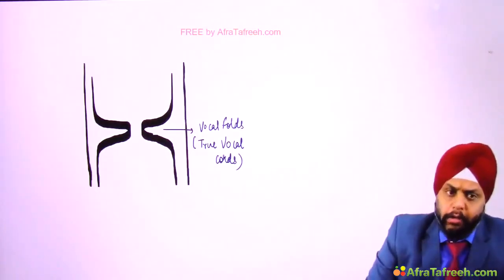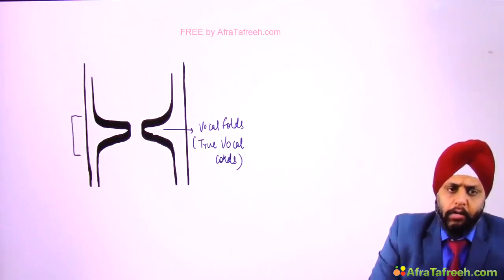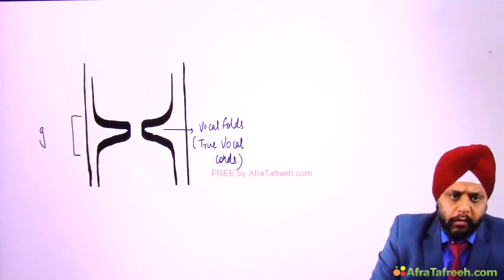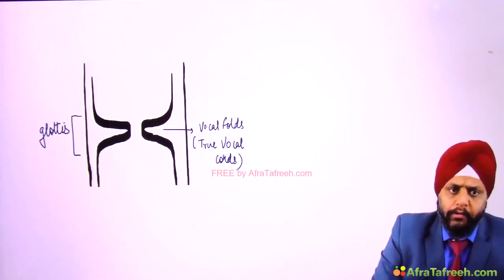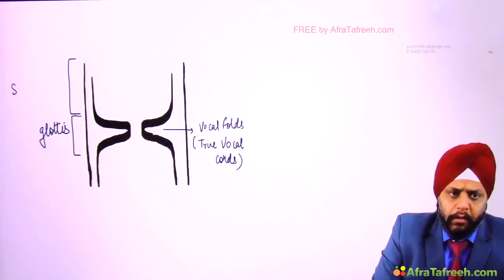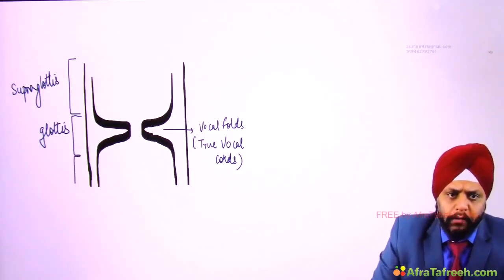We know that this part of the larynx, which has the vocal folds, is known as the glottis. The part of the larynx above the glottis is known as supraglottis, and the part below the glottis is known as subglottis.